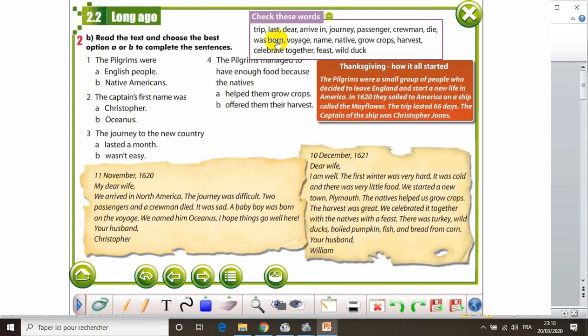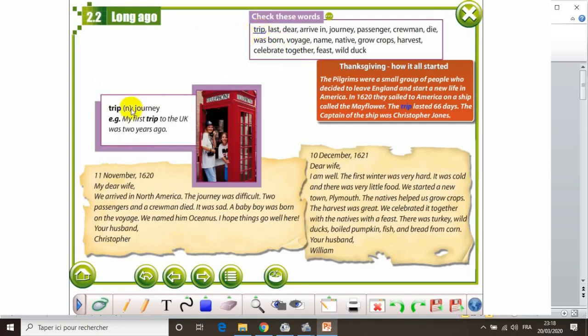Okay, let's see the first one, what it means. Trip. Trip, journey. Example, my first trip to the UK was 2 years ago. The trip means the journey. You see, the journey was difficult, or the trip was difficult.